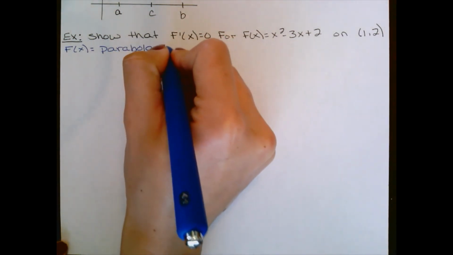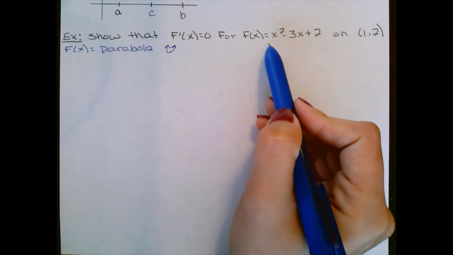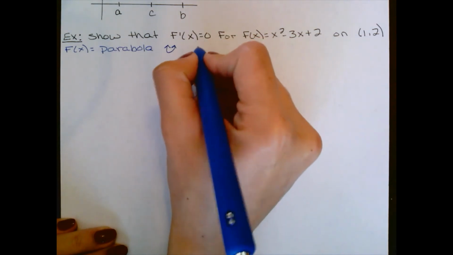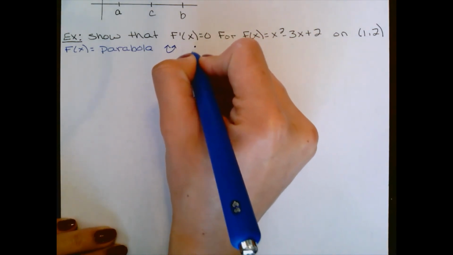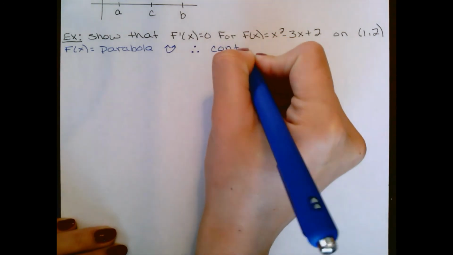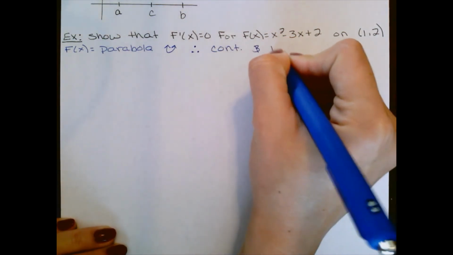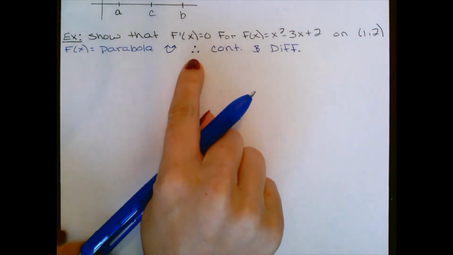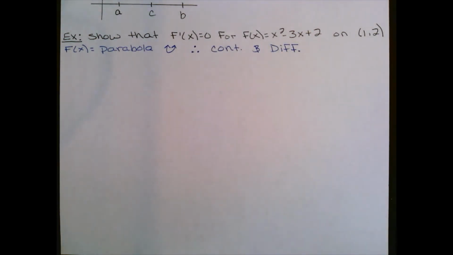Specifically, a parabola facing upward, because that first term x squared is positive. Okay? Now, I know that parabolas are always continuous and differentiable, so I just proved my first if. By the way, those 3 dots in a triangle is a math symbol for the word therefore. Feel free to use it, okay?